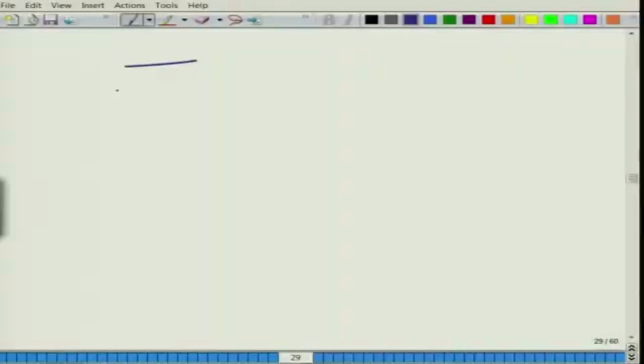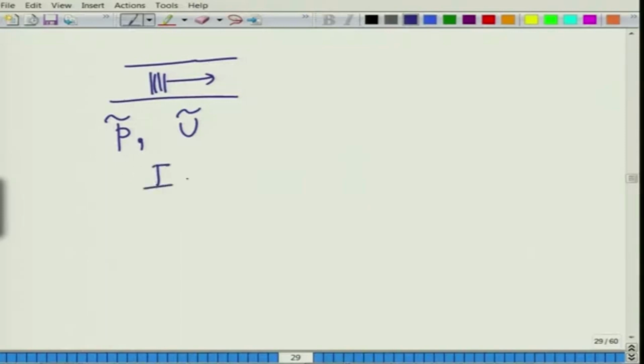If you have a duct with a wave propagating along this direction, and you have the pressure P tilde and velocity U tilde, we saw from last week's lecture, week 3, that the intensity is given by the real part of Z times U tilde RMS square, used very widely in electrical circuits.